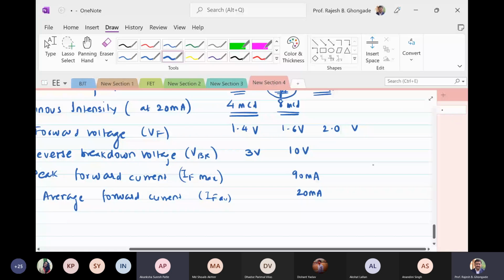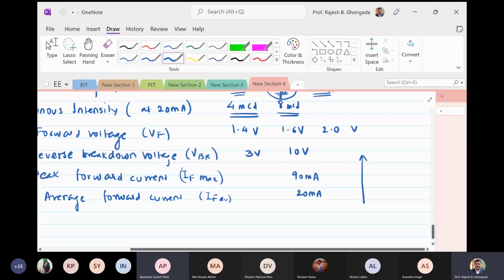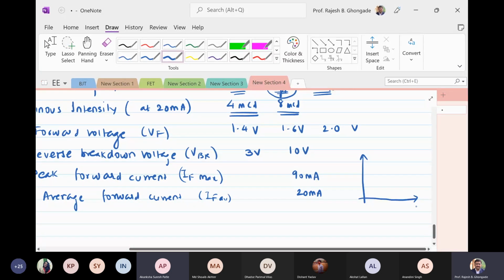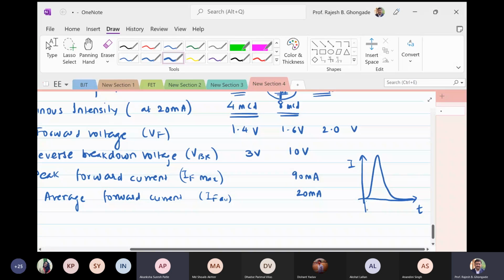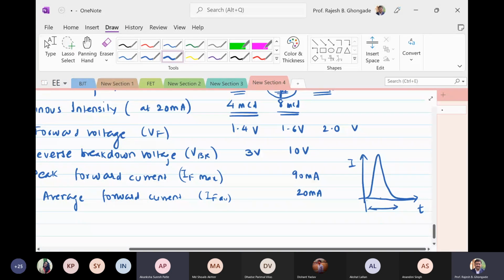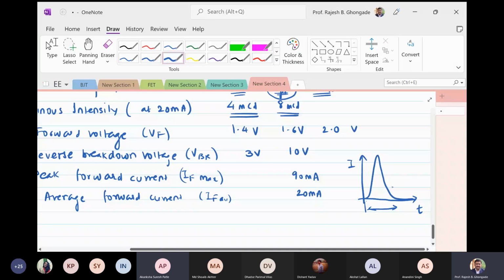So this is time, and this is, let us say, the current value. This LED can take this peak value of current for a very short duration of time, which can be much higher, like 90 milliamperes. But if you want to continuously pass current through it, the maximum limit is 20 milliamperes.